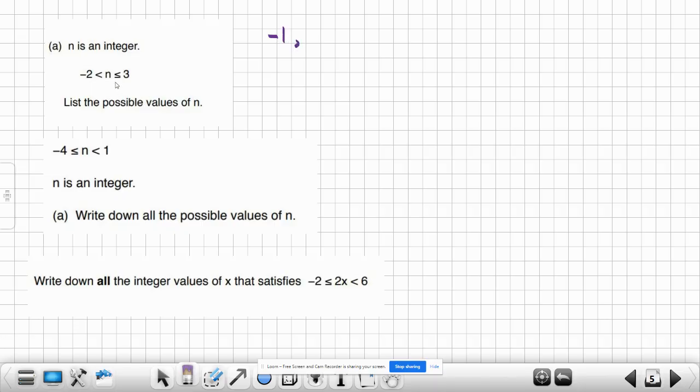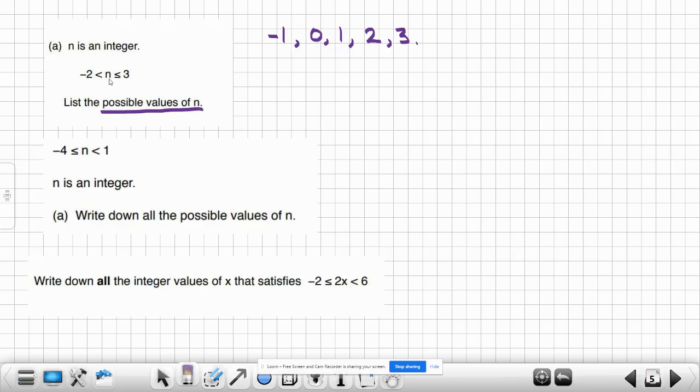Then we know that it goes up to and includes 3. So n could be 0, n could be 1, n could be 2, and n could be 3. And they are all the possible values of n.